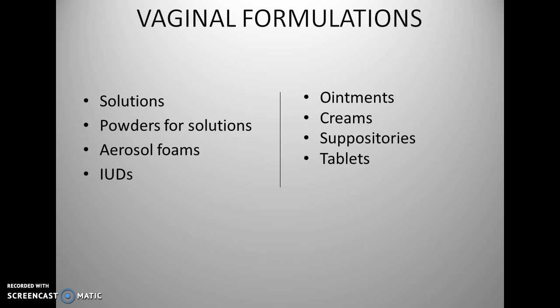You can have vaginal suppositories that are used as contraceptives, feminine hygiene products, antiseptics, antibacterial antibiotics, or to restore the vaginal mucosa. Then you have what's called IUDs. IUDs are used for long-term drug therapy, and they can be very, very effective in terms of preventing pregnancies.